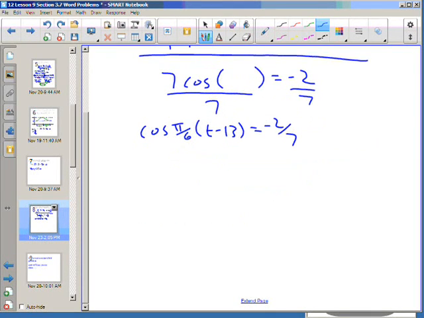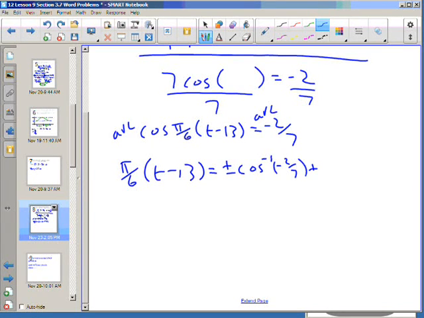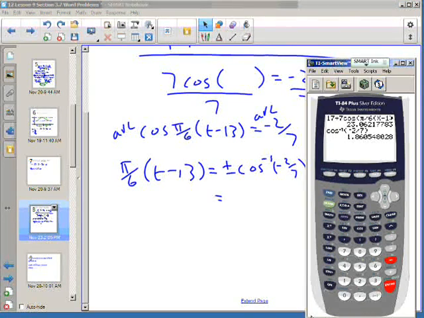And of course, we're going to undo cosine here with our inverse cos, giving us this equation, plus and minus the inverse cos of negative 2/7 plus 2 pi n. And that value we need from a calculator. 1.86.